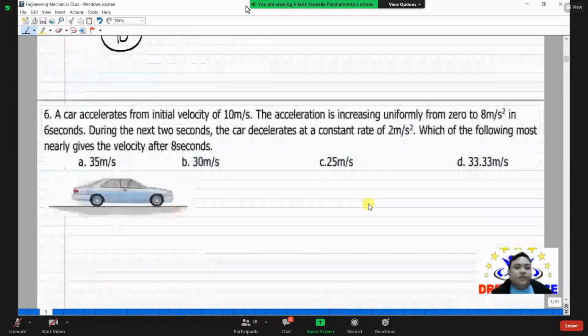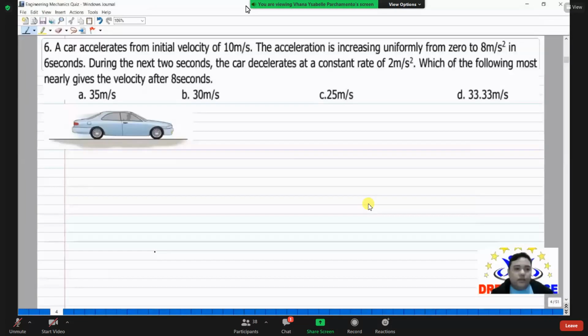Let's have number 6. As you can see here, a car accelerates from initial velocity of 10 meters per second. The acceleration is increasing uniformly from 0 to 8 meters per second squared in 6 seconds. Ibig sabihin, nag-change ang acceleration. Kapag nag-change yung acceleration, ang tawag dito is erratic motion.